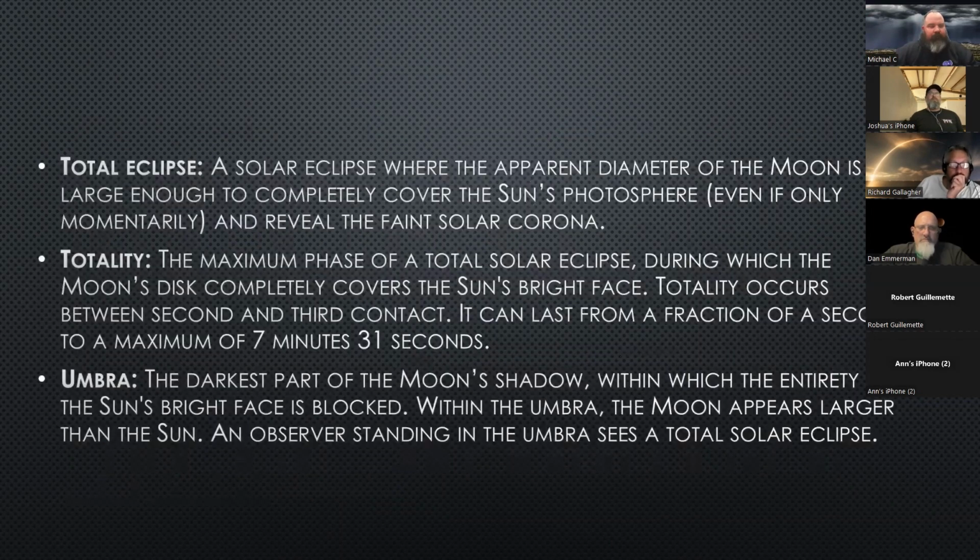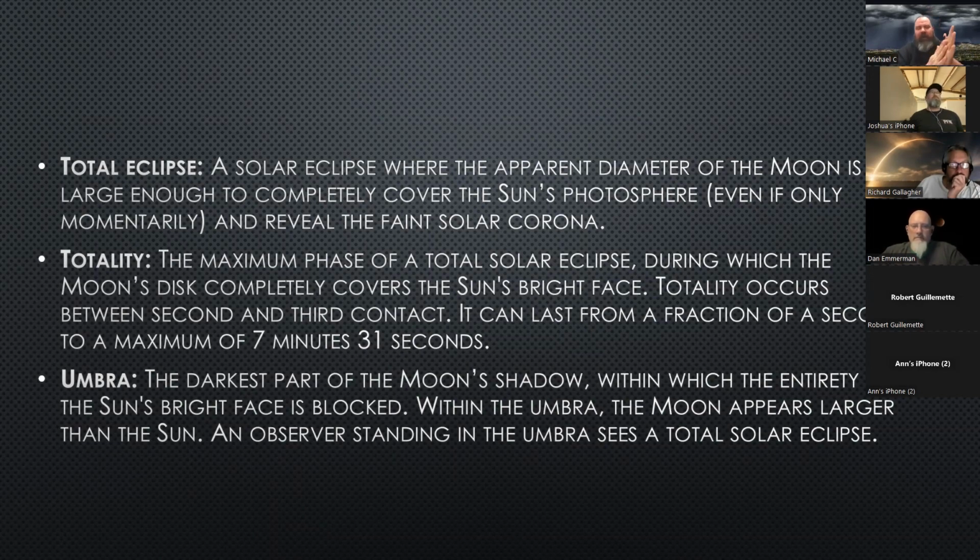A total eclipse, which is the one that we're going to be having, is where the diameter of the moon is large enough to completely cover the sun's photosphere. Totality is that point when we are totally covered. We've got a good one with this eclipse.